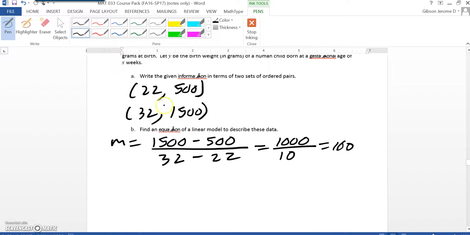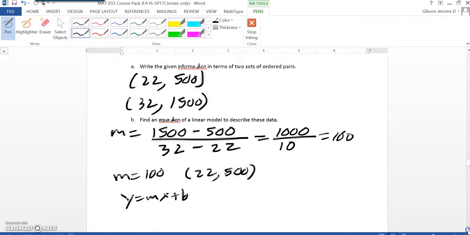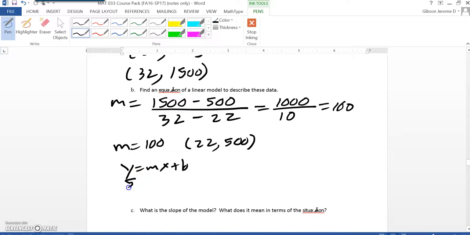So now we could take one of these two ordered pairs. I would take the first one here. So we had a slope of 100, and we will use the ordered pair 22, 500. Now we would take the y equals mx plus b, and we would substitute. Y here is 500. The slope is 100. X is 22 plus b.